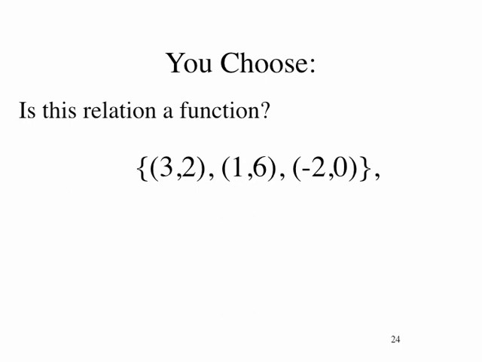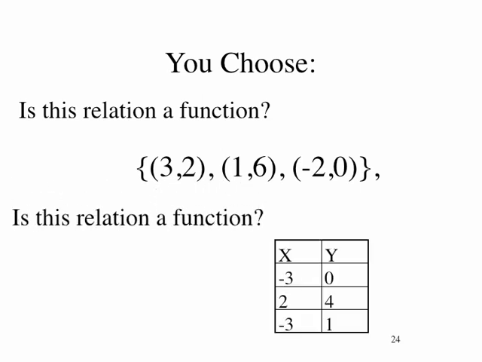So what you can do is either graph them and use the vertical line test, or list them in a table and check if the x values repeat or not. In this case, none of the x values repeat, so this is definitely a function. And you see that if I list it as a table, 3, 1, and -2 are all different.